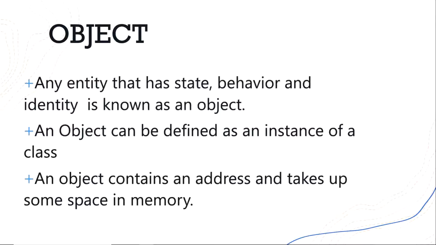So the class here is car, and an object is an instance of this class. An object occupies some memory and it also has a particular address.